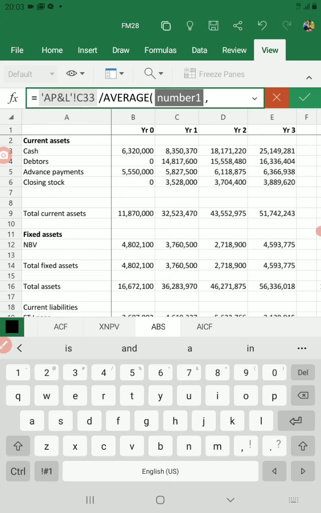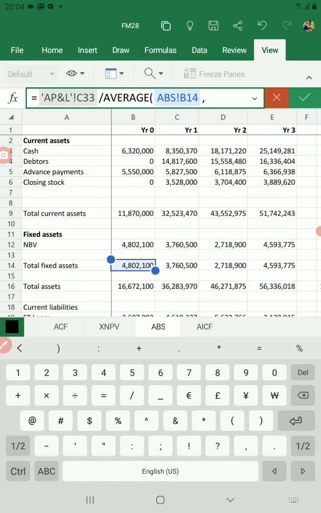So we take the total asset figure for year zero, and then that one, average, and then let me use the same technique again, put full columns.